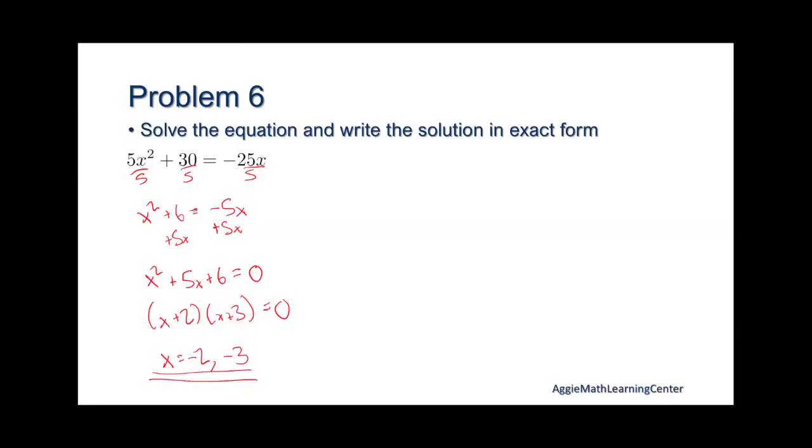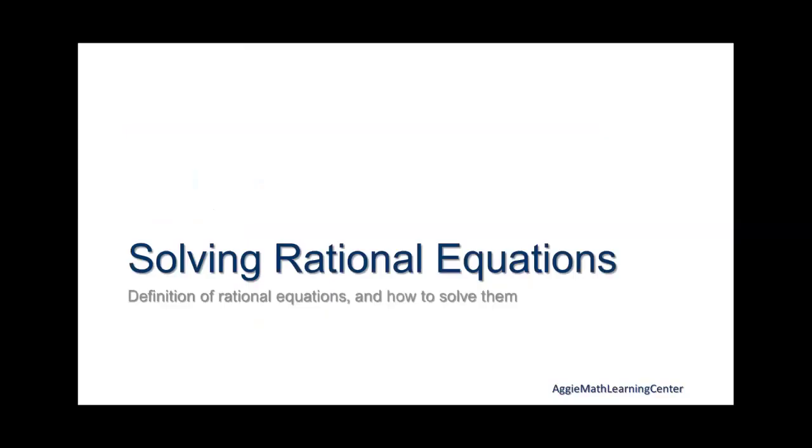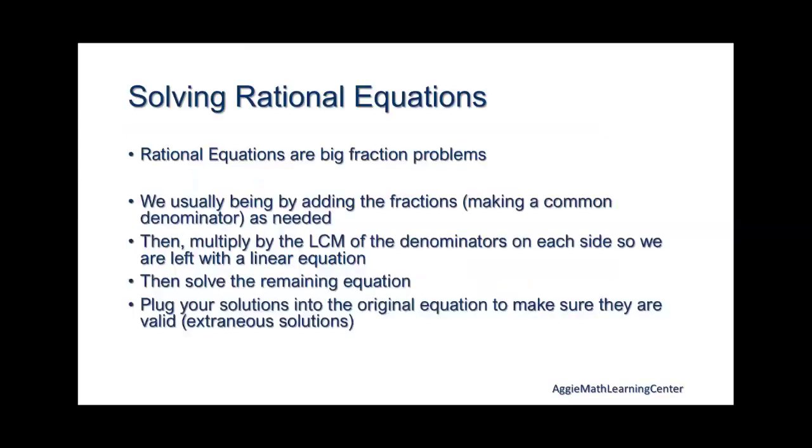Seems like you guys got the process pretty well down of move everything, factor, set factors to 0. Perfect. All right. So next, we're going to practice solving rational equations. Our rational equations are just big fraction problems. And so we usually begin by adding the fractions, making a common denominator as needed.